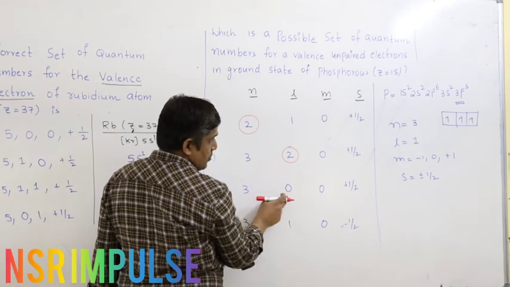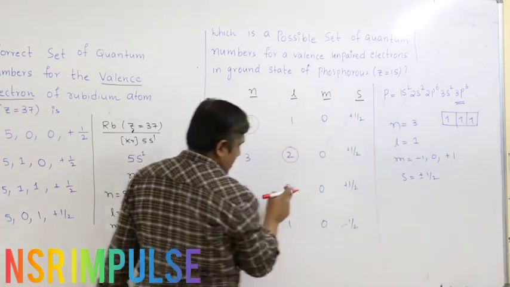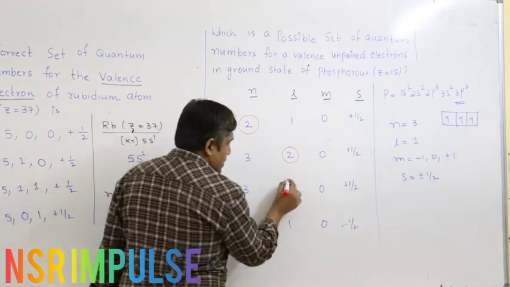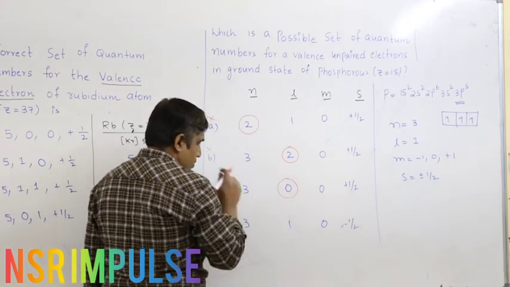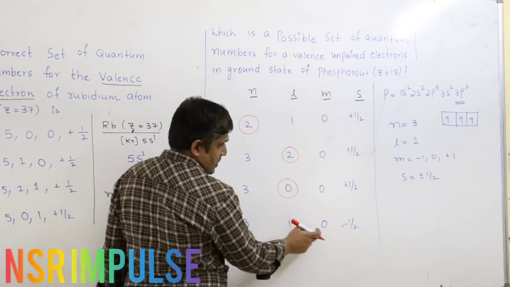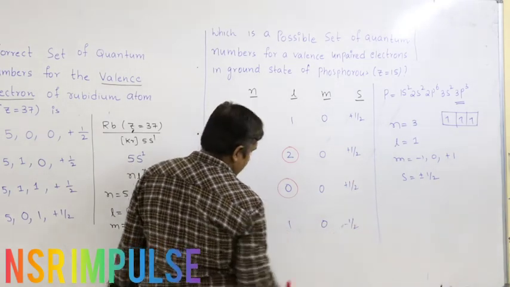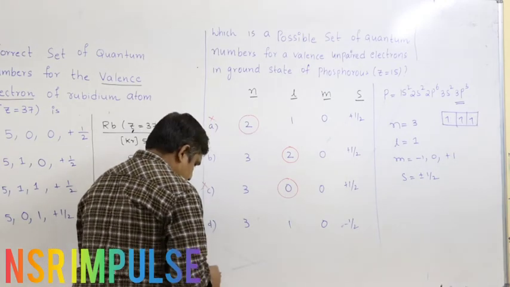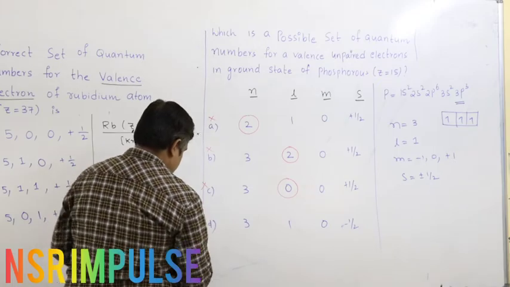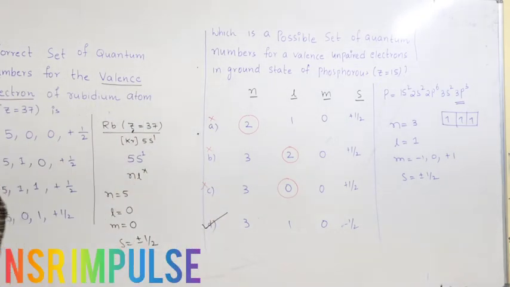L is 0. Yes, 0 is possible, but for a p orbital it cannot be 0. It should be 1. So this is not correct. We are left with one option: n is 3, right, L is 1, right, M is minus 1, 0, plus 1, and S is plus or minus half. So the correct answer is option D.